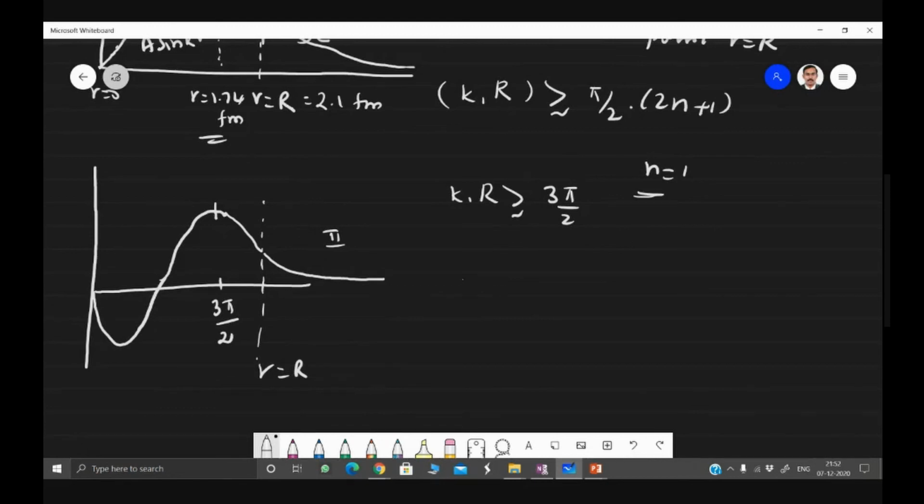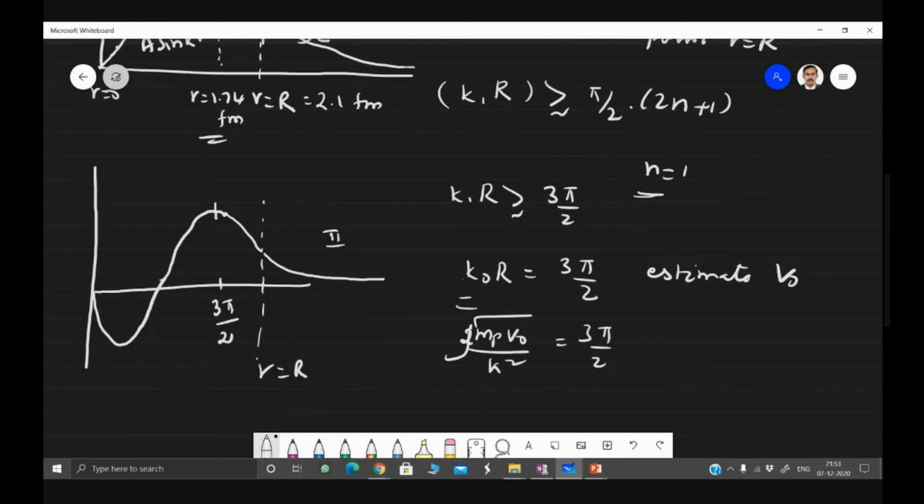Now if we substitute k naught R equal to 3 pi by 2, where k naught is given by square root of m_p V naught by h cross square, equal to 3 pi by 2 into capital R, then this V naught comes out to be around 225 MeV, corresponding to R equal to, let us say, 2.1 Fermi.